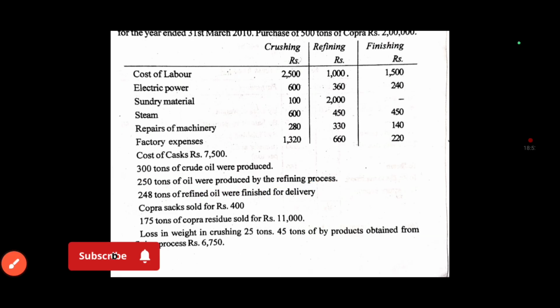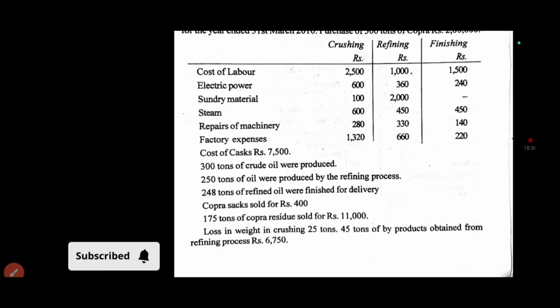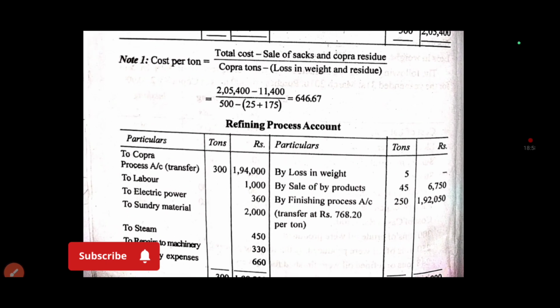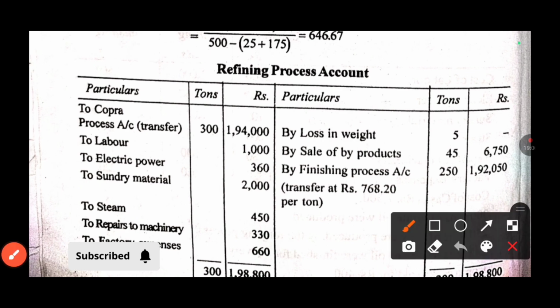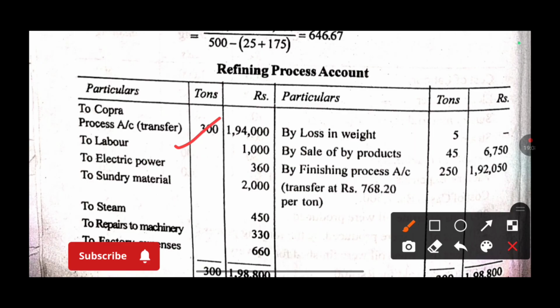So at the end of the refining process, the output we get is 250 tons of refined oil. The output is to be entered on the creditor side. Input tons are entered on the debtor side. So the same format, the output will be entered on the creditor side. Accordingly, 250 tons of finished refined oil is entered on the creditor side.